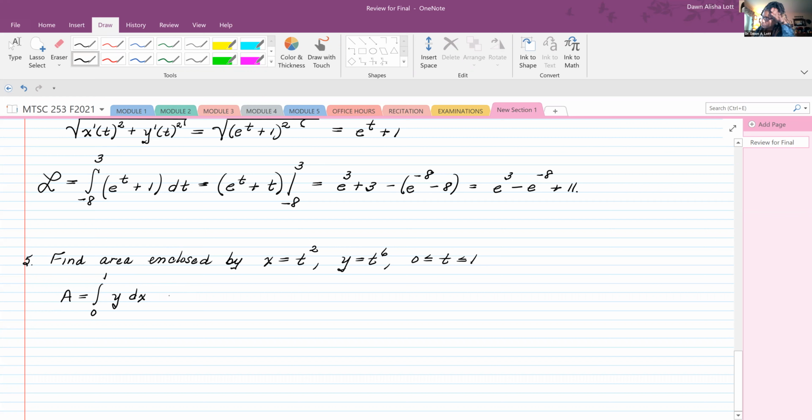So y is t to the 6, times x prime, which is 2t, and you get 2t dt. Then you had to multiply those. So I got 2t to the 7th dt. And then you had to integrate it. So I got 1/4 t to the 8th.